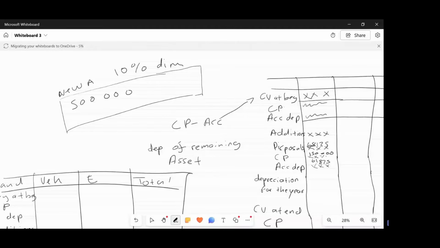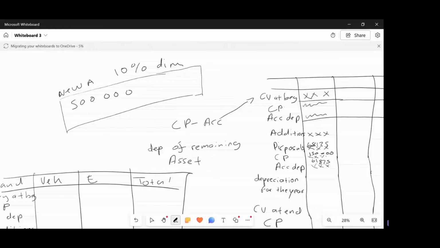And what is our financial year end? You calculate up to that period, and then you get your depreciation of new assets. Our depreciation for the one asset that we sold, you already calculated, and we got what?